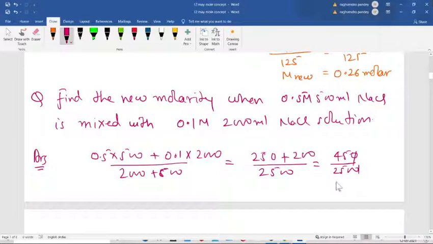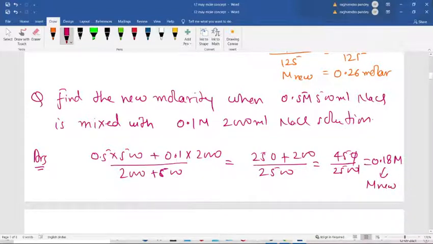Approximately it is correct. So that is your 0.18 molar, your new molarity.